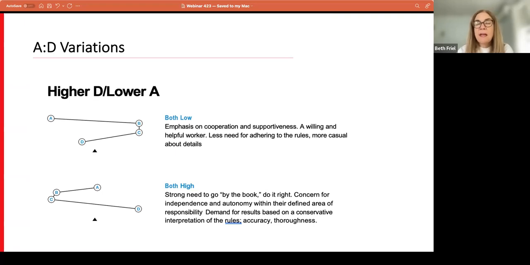Both high, go by the book. And it's really difficult to change this person's mind because they have the expertise and they like their ideas best. You may know people like this. And they're fine people, but it's very difficult to change their mind. Hard to delegate details, hard to delegate authority.